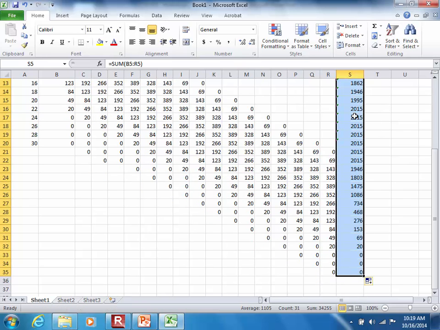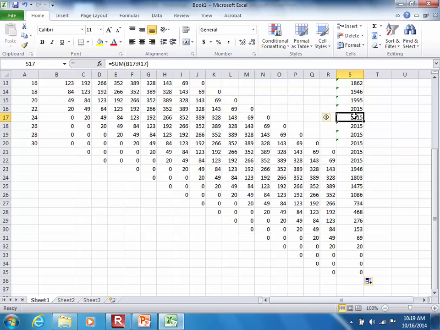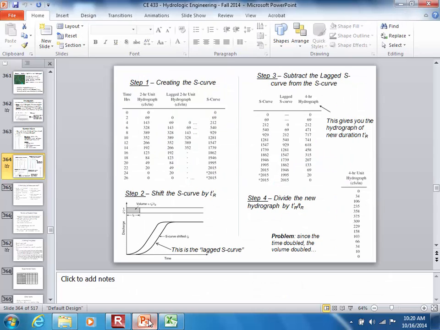All right, so now you can see it reaches some maximum of 2015, and it stays there for a while, then it starts going down. So we created an S-curve, and now we need to lag the S-curve.